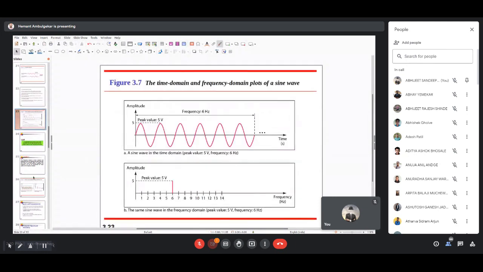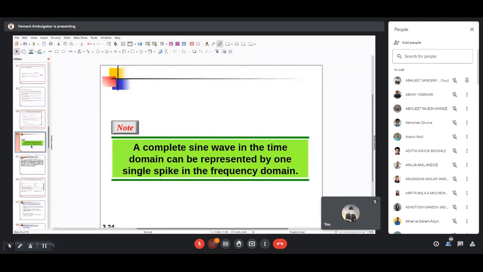Getting? So this is the note: a complete sine wave in the time domain can be represented by one single spike in the frequency domain.